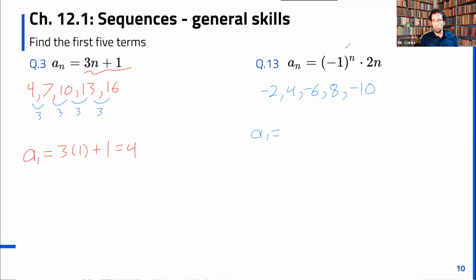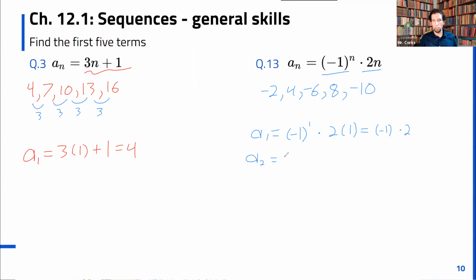For A1, we have these 2 parts to calculate: negative 1 to the exponent 1 times 2 times 1. So negative 1 to the exponent 1 is just negative 1, times 2, and of course that turns into negative 2.